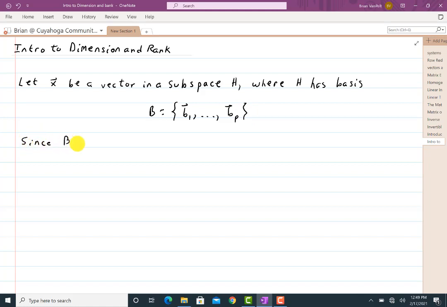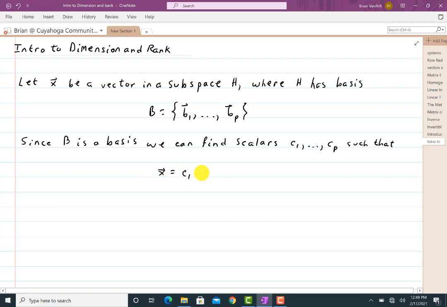Since B is a basis, we can find scalars C1 up to CP such that X equals C1 B1 plus dot dot dot plus CP BP. This is because this being a basis, those set of vectors span H.